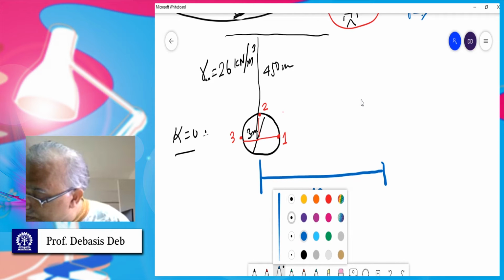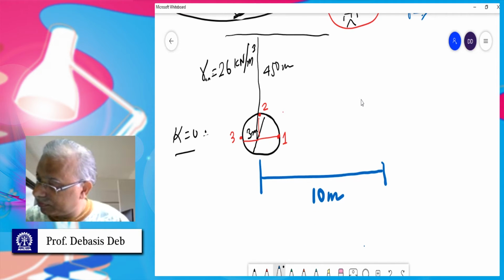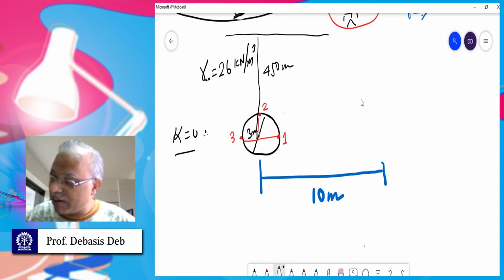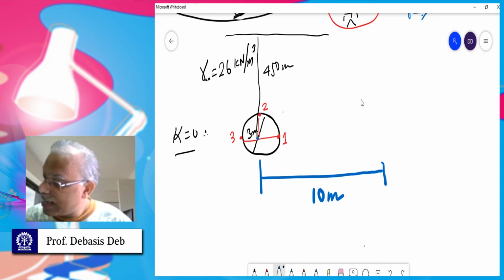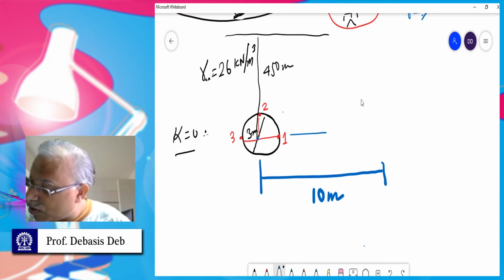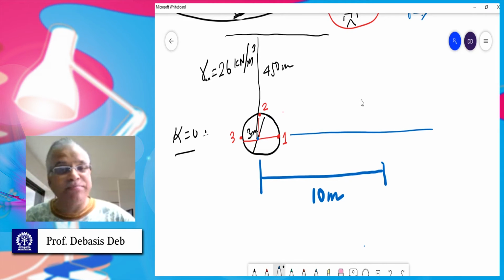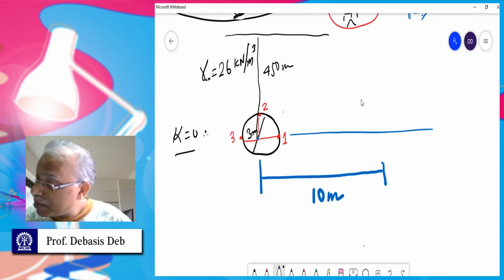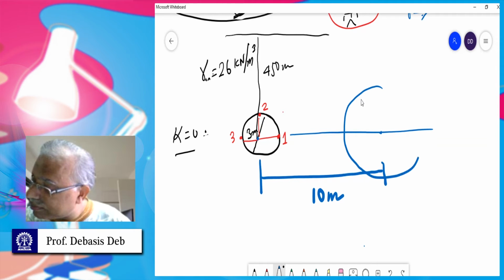I have chosen the maximum one. Okay, 10 meters away from this center. Although the central line will be at the same level, 450 meters, its diameter will be a little bigger, 6 meters.